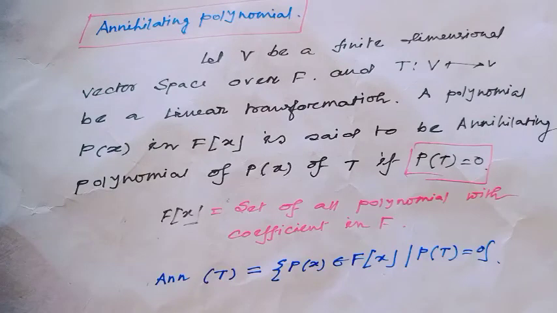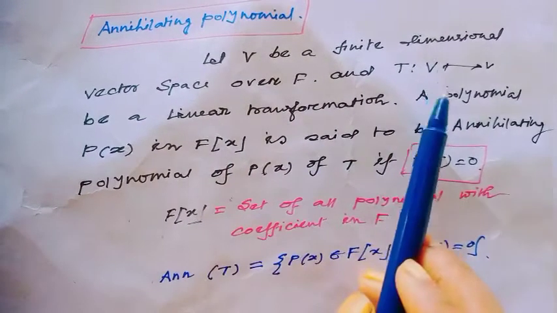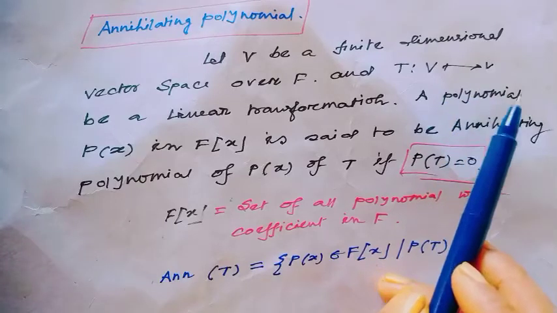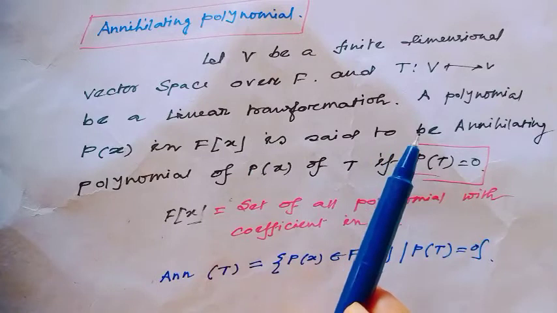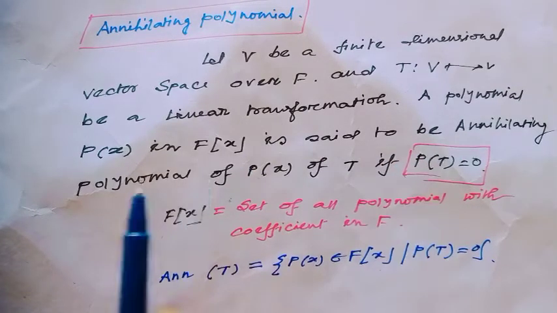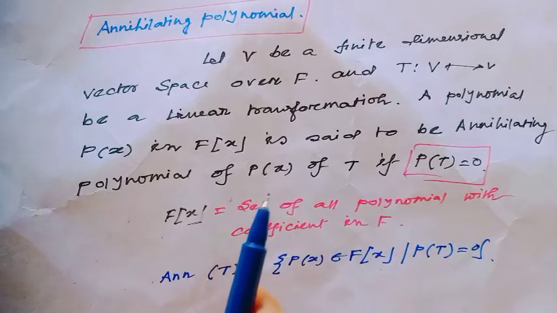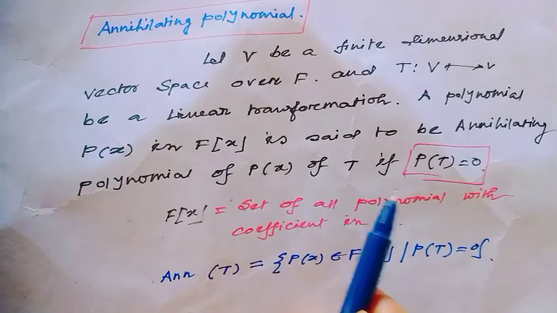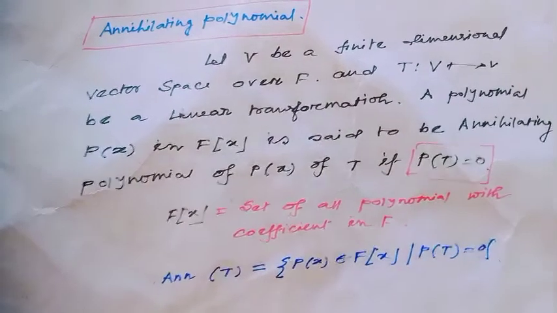Annihilating polynomial, I had seen in linear operator: consider V to be a finite dimensional vector space and consider T to be a linear operator from V to itself. Then a polynomial p(x) in F[x] is said to be an annihilating polynomial of T if p(T) equals 0.